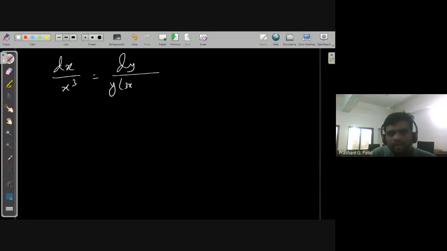So that means we have dx upon x cube, dy upon y into 3x square plus y, and that is equal to dz upon z into 2x square plus y.